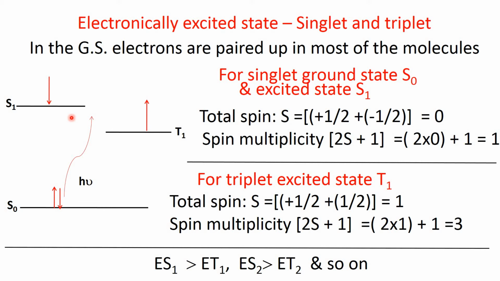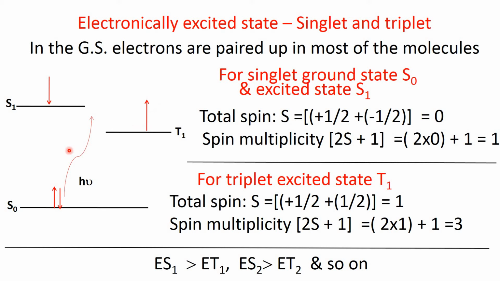Now, after absorbing radiation, if the molecule goes to the higher energy electronic state by changing the electron spin, that means one electron has been promoted to the higher energy electronic state by changing its electron spin. Here it is antiparallel, say here it is parallel.